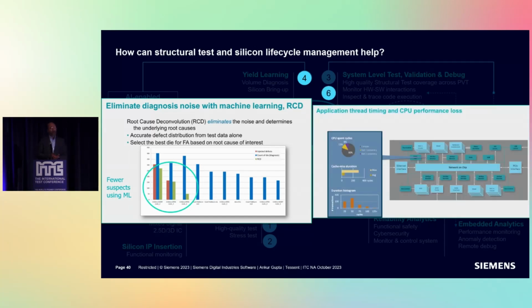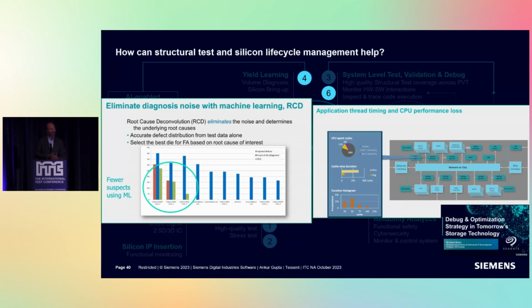And then for the monitoring and debugging with the software running on the hardware, we have application thread timing, CPU performance loss monitoring capabilities using our Tessent embedded analytics. These things, in various forms and shapes, are already in production or in our roadmap.